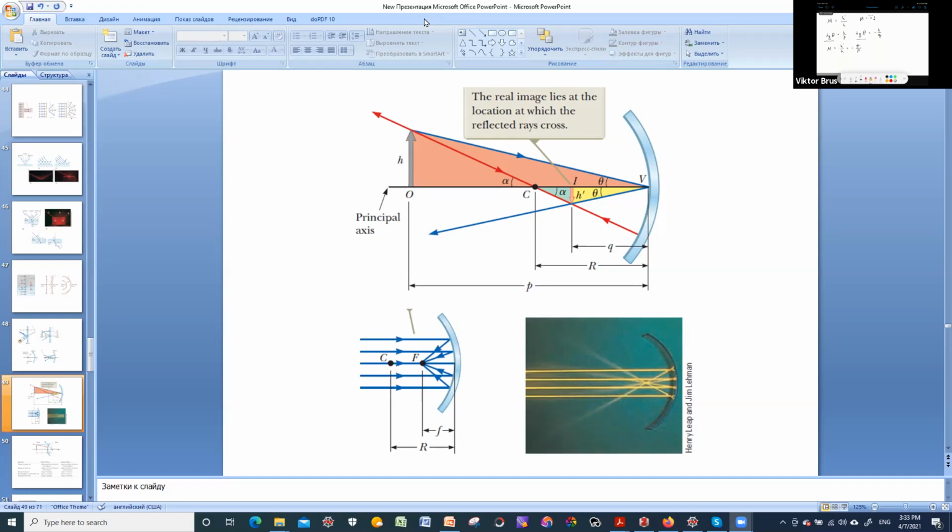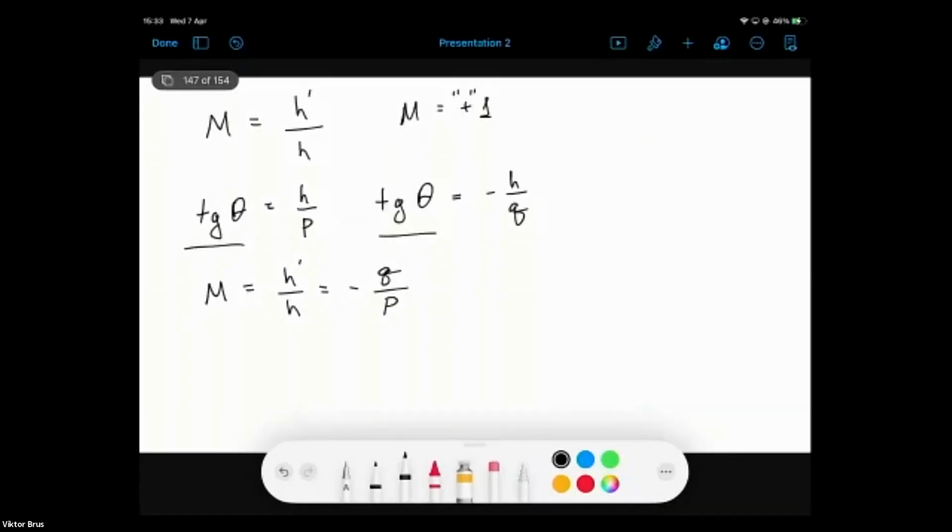So now let us write this down, and then we will have the opportunity to derive the so-called mirror equation. Now we can write first, which we did from the red triangle, tangent alpha is equal to minus h prime divided by r minus q, and the same angle tangent alpha will be equal to h.